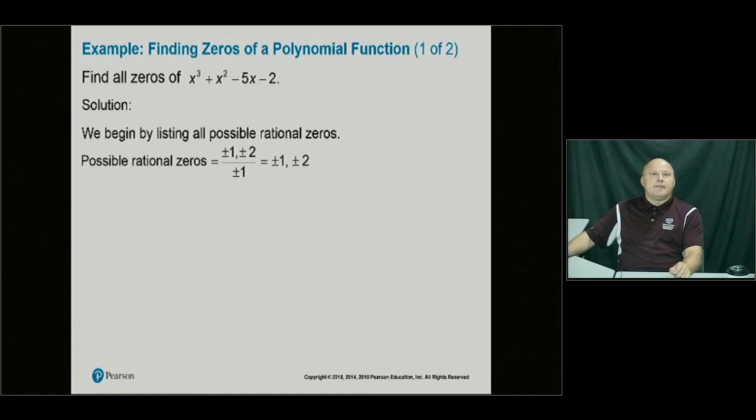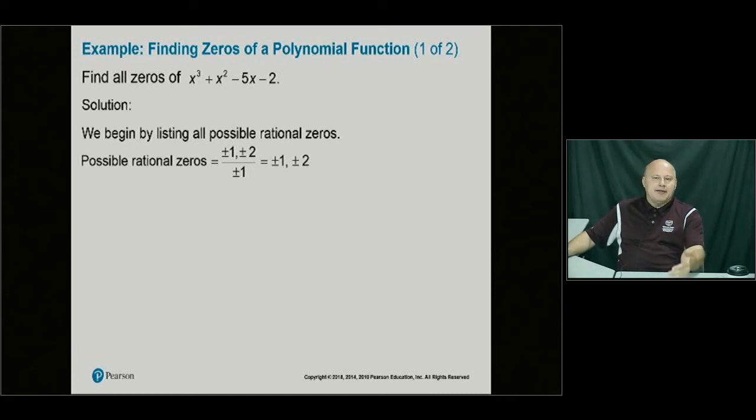The q is just the leading coefficient, which is only a 1, so you only have plus or minus 1. So it's plus or minus 1, plus or minus 2 on top, and plus or minus 1 on the bottom. Doing all the possible permutations, it's plus or minus 1, plus or minus 2. So this one only has 4 choices.